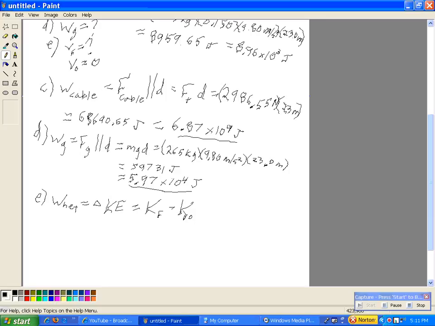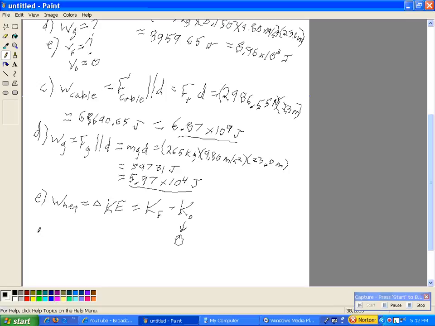Now in this case, the initial kinetic energy is 1/2 m v squared. Now the initial velocity is 0, so this whole thing goes to 0. Initial kinetic is not moving.